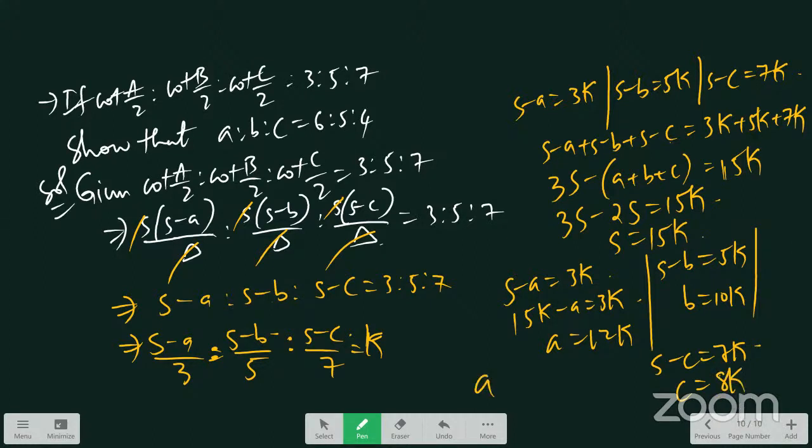Now what is it asking? The ratio a is to b is to c. It is asking us to find the ratio. That ratio a is to b is to c is nothing but 12k is to 10k is to 8k. That is nothing but 6 is to 5 is to 4.